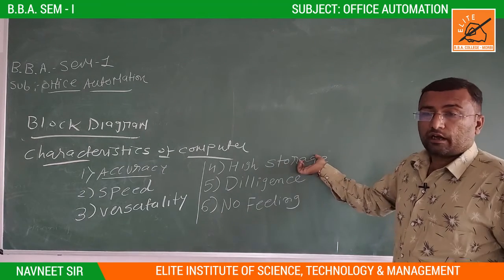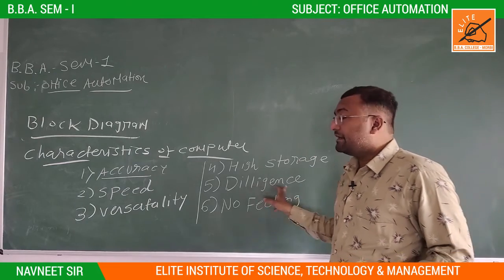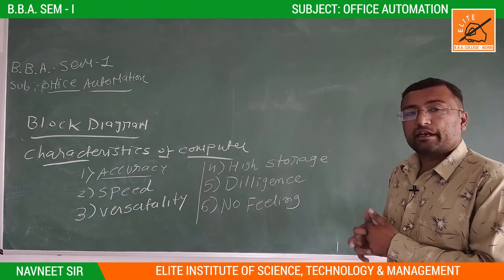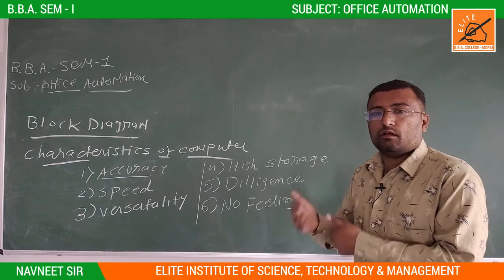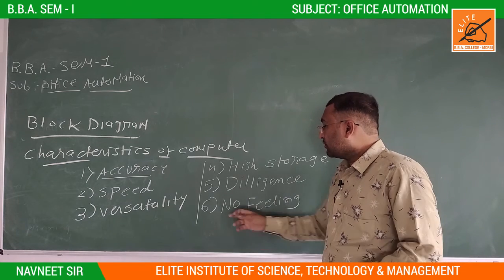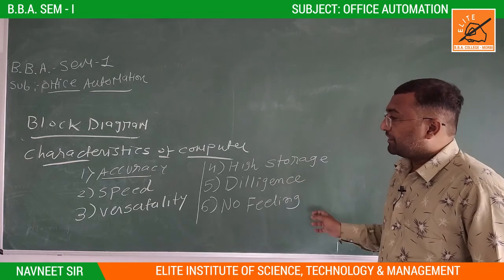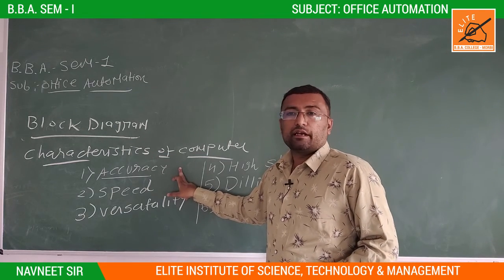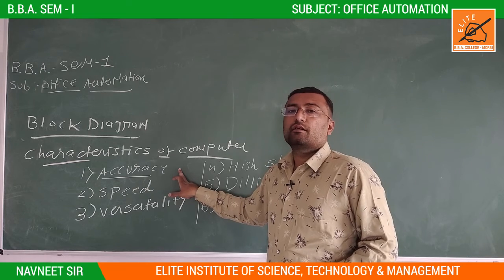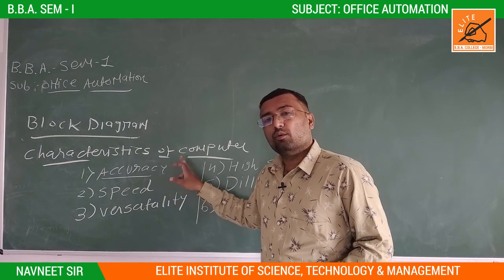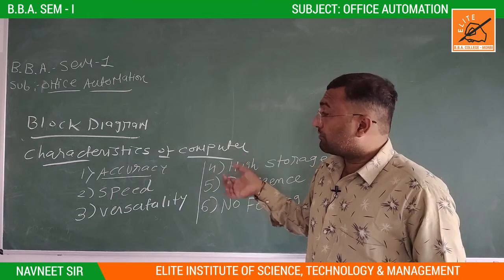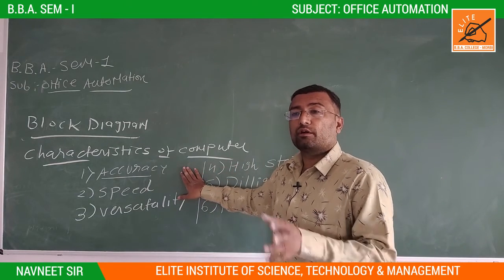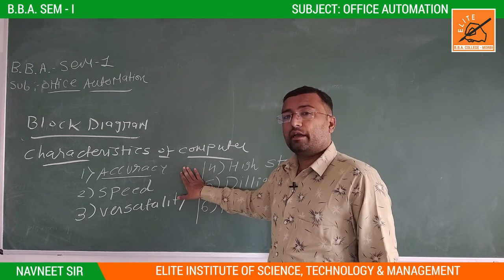So storage device capacities are higher. Then diligence: it will never get bored. No feeling: computer has no feeling. It will always work with accuracy. It has no chance of making a mistake. Whatever task we give, whatever input we give, it will perform the operation with accuracy.